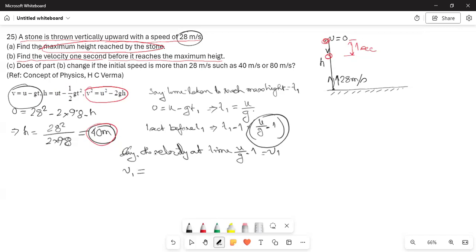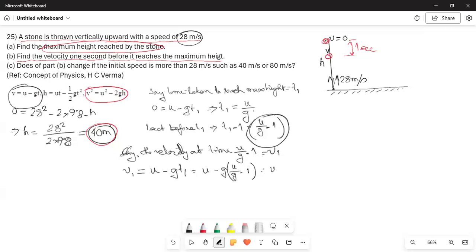Again using this formula, v1 is equal to u minus g times t1, which is u minus g times u by g minus 1.